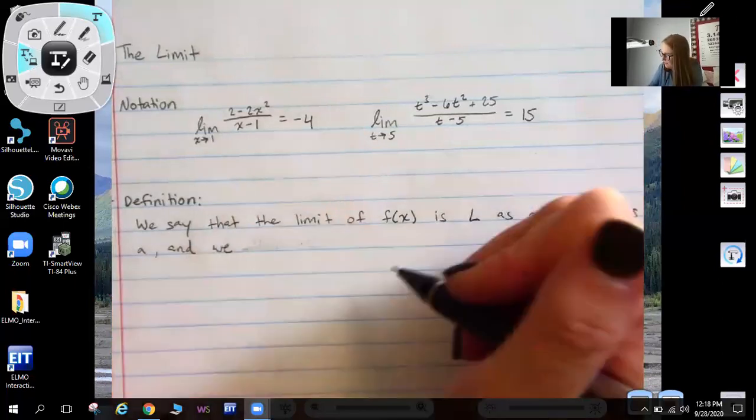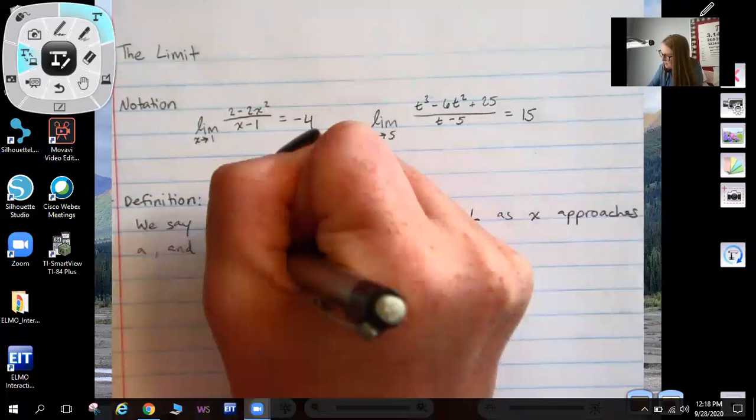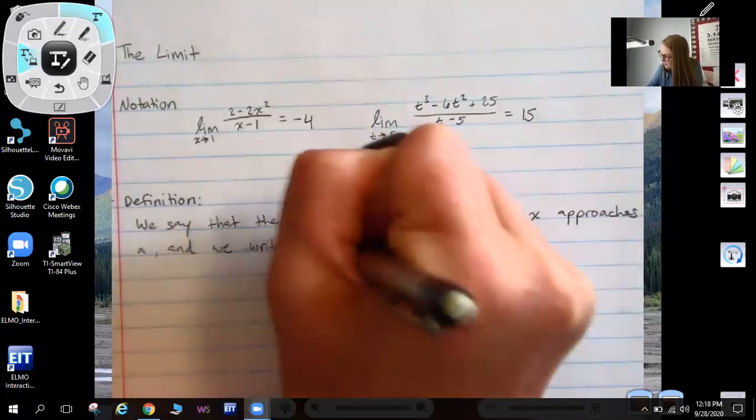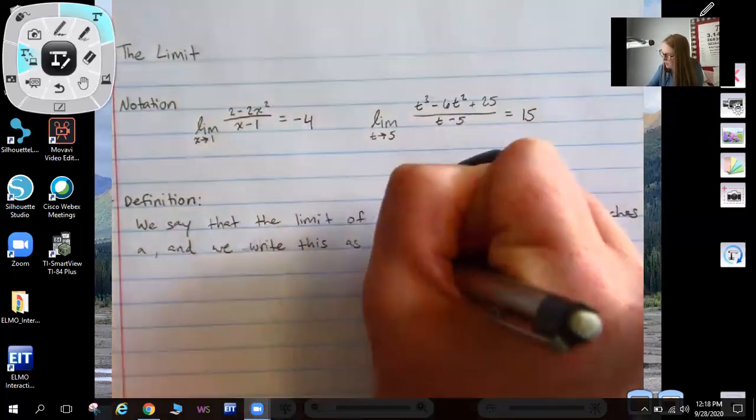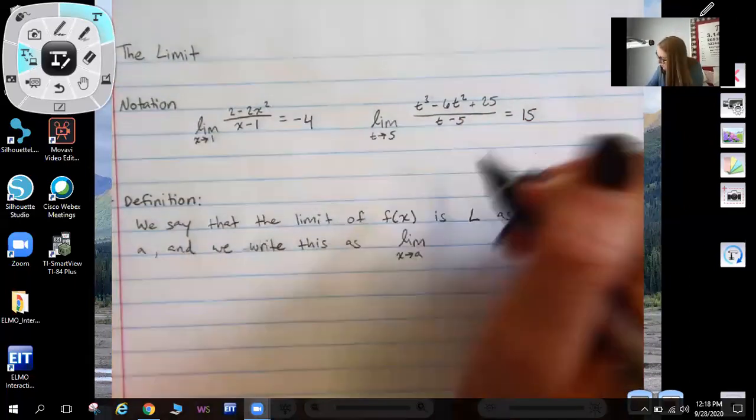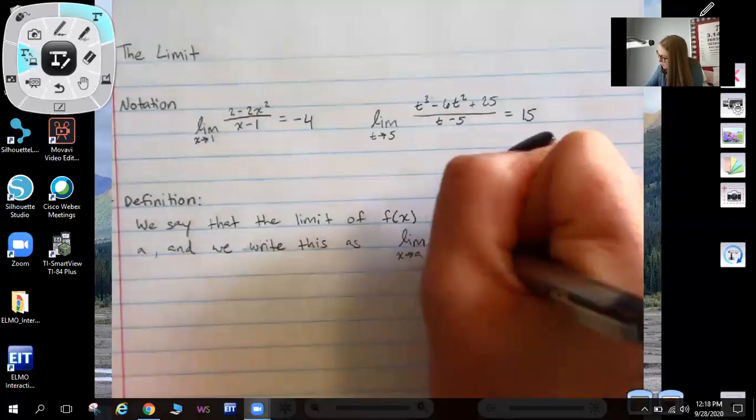And we write this as the limit as x approaches a of f of x equals L.